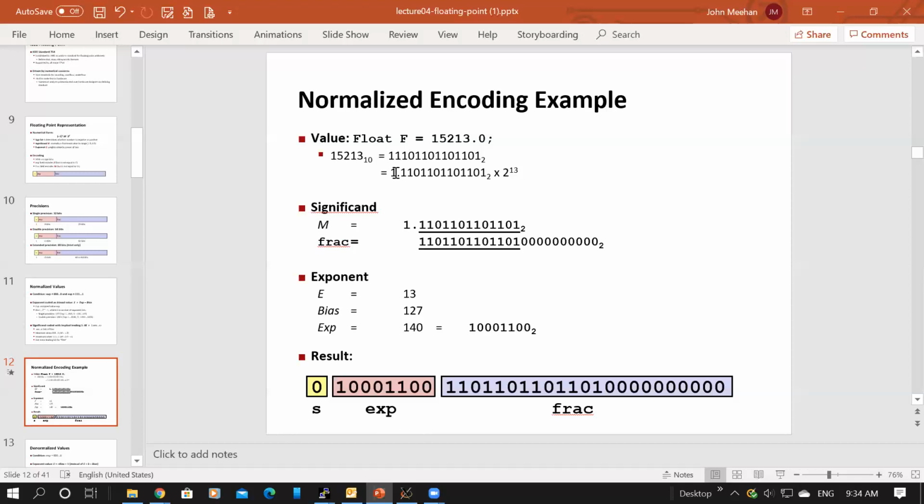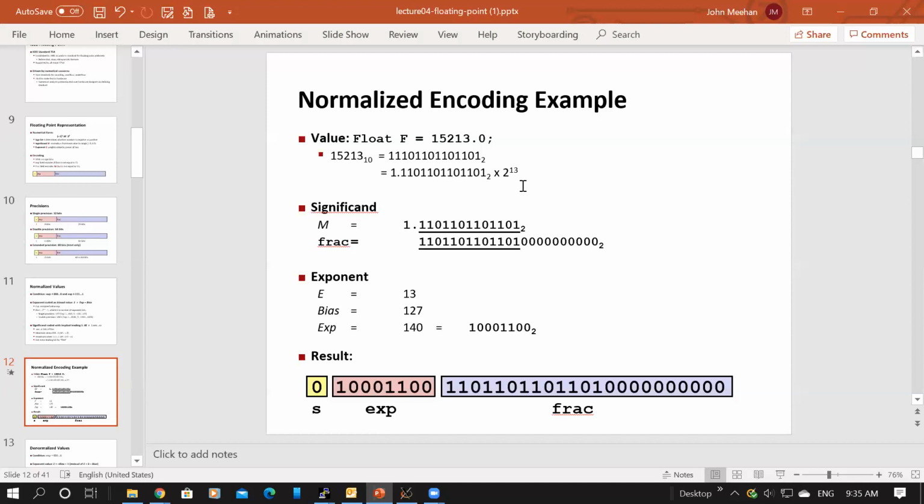The leading one dot all this rot, and then I have to have 2 to the 13th to move the dot all the way back over to here, right? So the dot needs to go all the way over to here to get back to what I'm really trying to represent. So there's my binary thing in a normalized form. 1 dot all this rot times 2 to the 13.